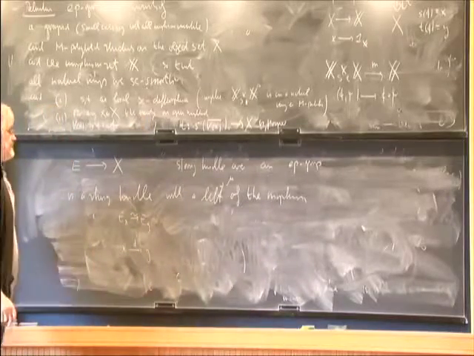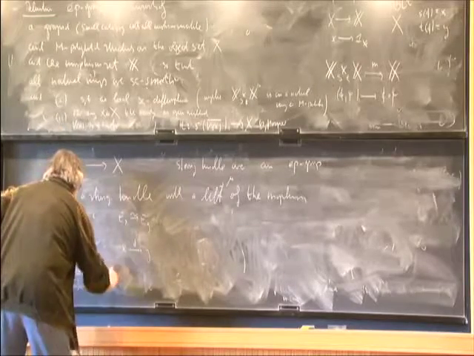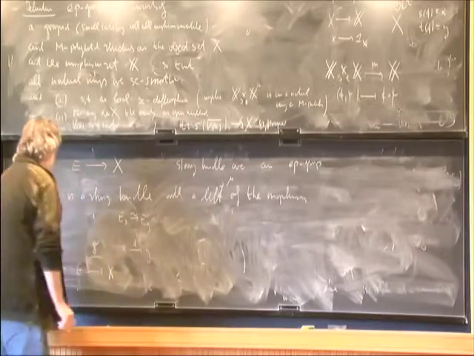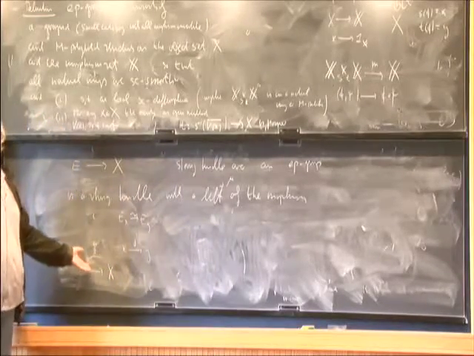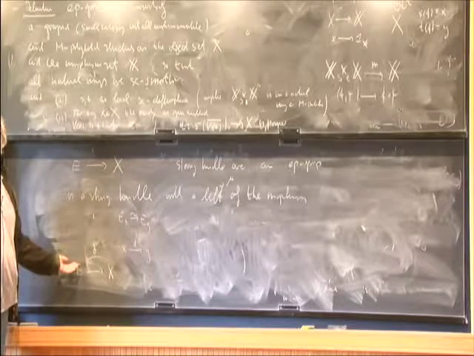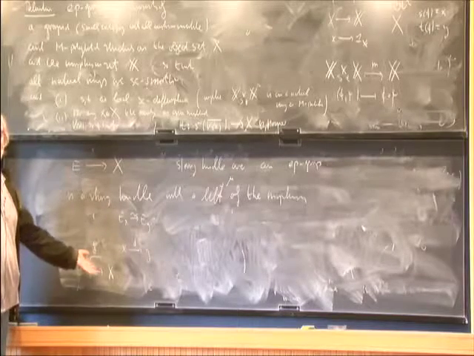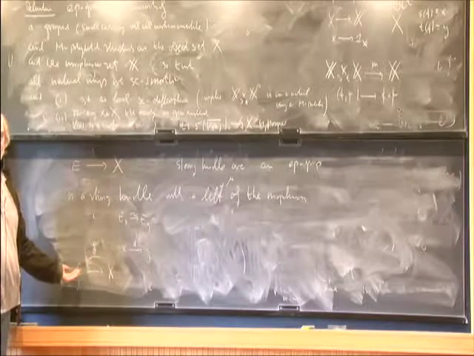So then you can say what a section is. A section should be a functor. Here it should be SC smooth. We can talk about SC smoothness. It should be compatible with the morphisms.